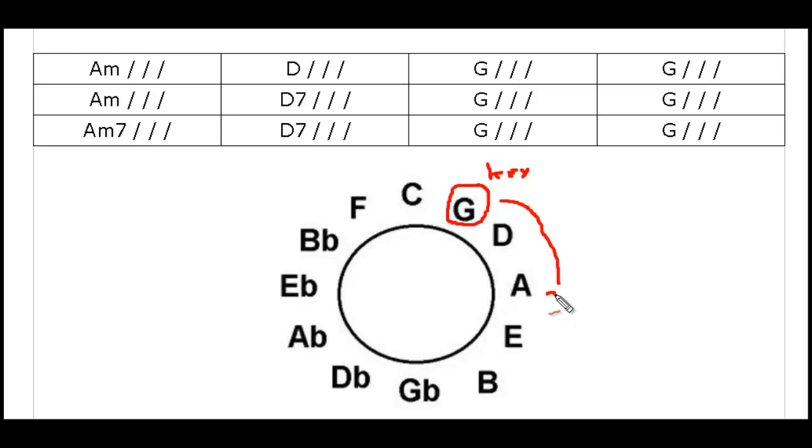This could be an A minor moving to a D and then resolving to G. That would give us the very first progression we have on the page. Or it could be an A minor going to a D7, this time D7, resolving to a G. That would be our second chord progression.